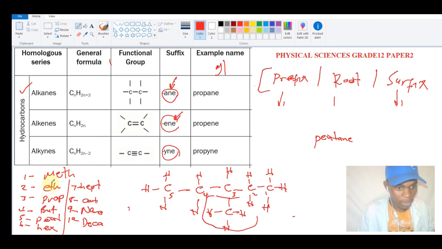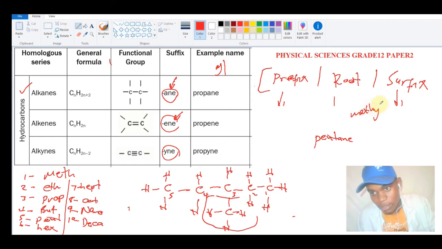Two carbons, ethyl, you just add yl on the end. Three, propyl. Those ones are substituents. For this one, because our branch has only one carbon, it's methyl. So prefix is methyl, root is pent, and suffix is ane. So you've got methylpentane.